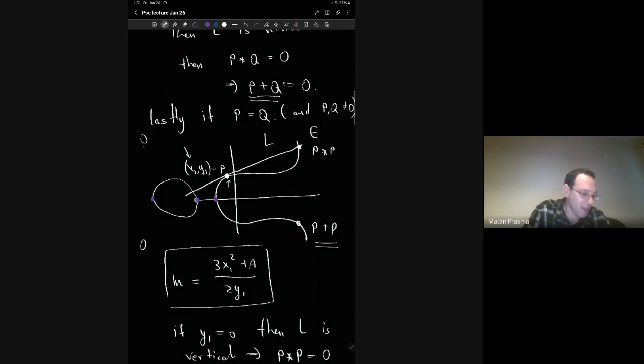I draw the line between the two points, and I look for the intersection. The intersection is again the point at infinity. You reflect, you get again the point at infinity. But this is really not necessary, since this is going to be the neutral element, we know that O plus O has to be O.